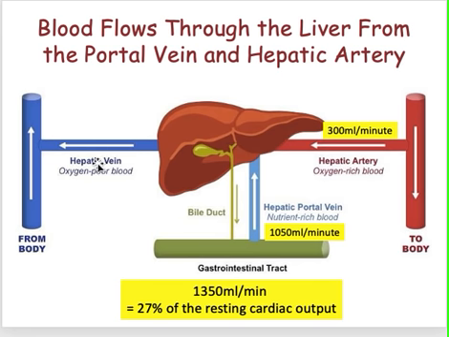Your hepatic vein drains oxygen-poor blood from the liver and brings it to your vena cava and back to the heart, and your heart pumps it into the pulmonary circulation to be oxygenated again and circulated to the rest of the body.